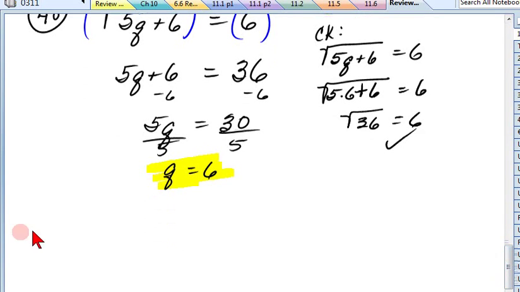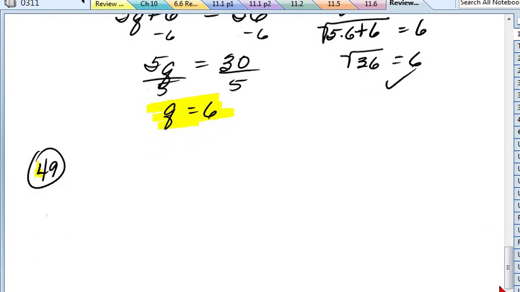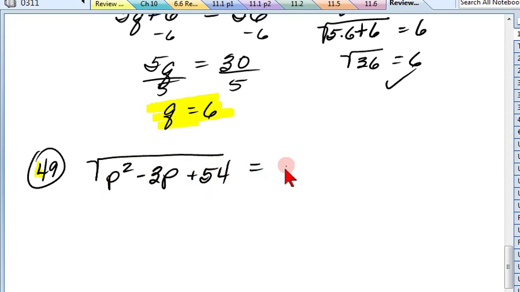All right, 49 may be a little bit longer. It is the square root of p squared minus 3p plus 54 is equal to p plus 3. Square root, so I'm going to square both sides. Now the left side's pretty easy to square because it's a radical.